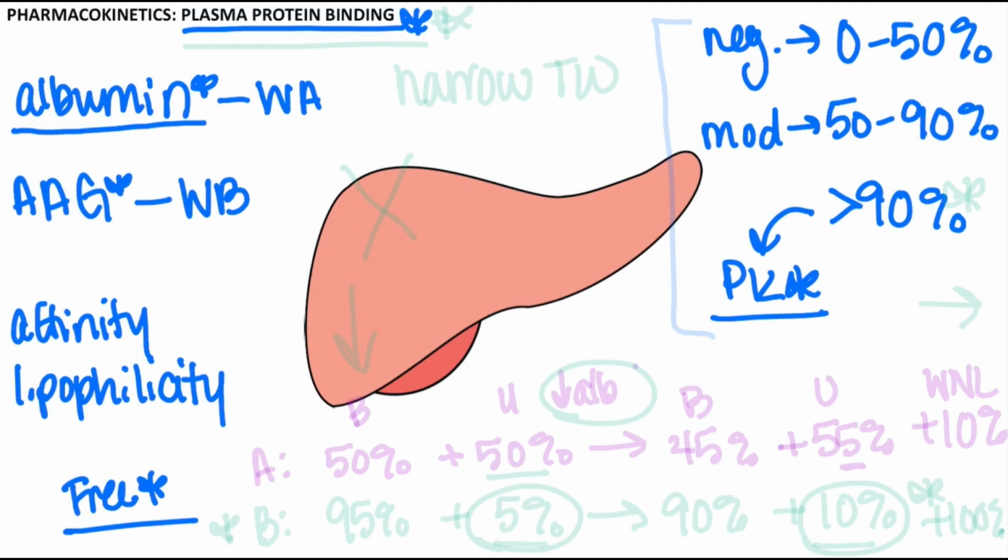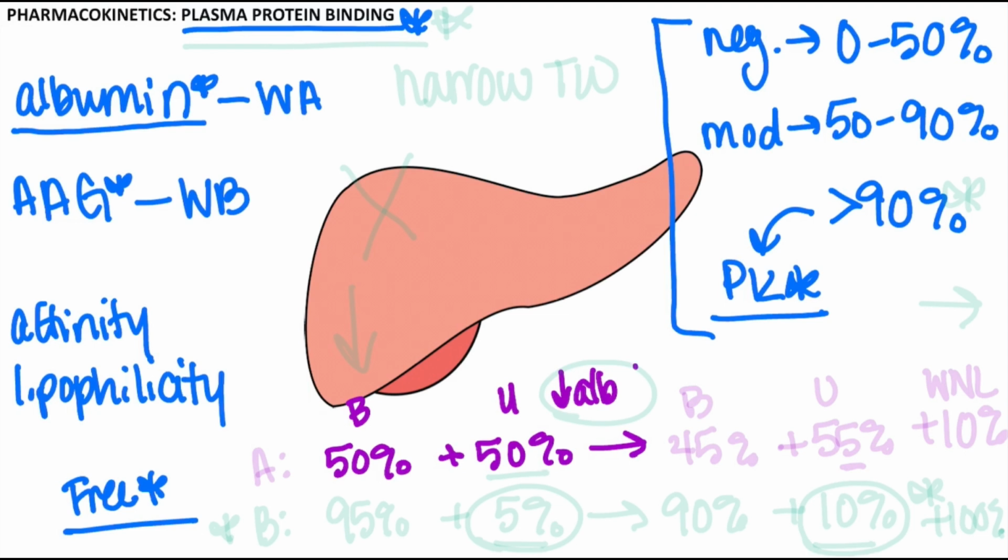So I will provide an example to show you why this is the case. Let's say we have a drug that is only 50% bound to plasma protein albumin, and it's 50% unbound and active. But the patient suffers liver damage for whatever reason, so there is a drop in albumin.